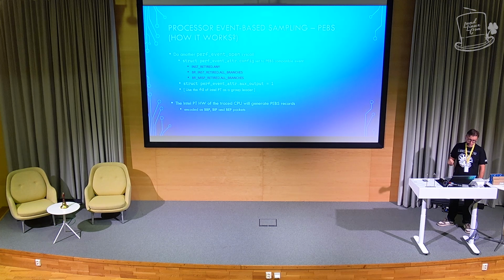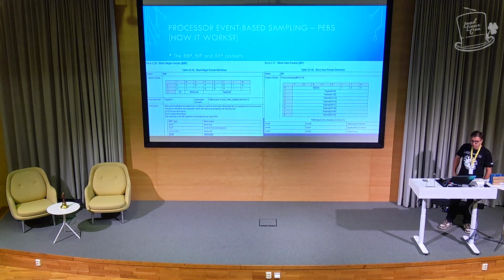You do perf_event_open for any of those events, and then the Intel processor hardware will put that piece of information into your memory buffer, encoded as these packets, BBP, BIP, and BEP, which means block begin packet, block item packet, and block end packet. If you go to the manual, you will see the definition of these packets and how they work together with the PEBS functionality.